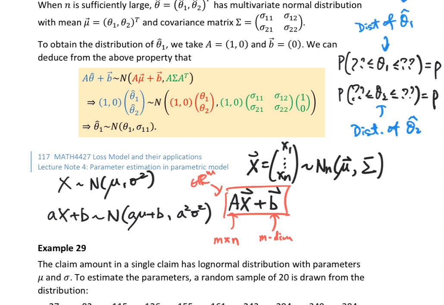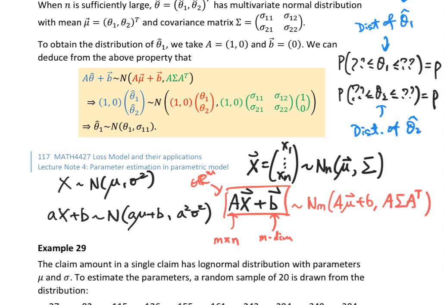So actually we can derive the similar result using the definition. It will follow the multivariate normal with the mean equal to A mu plus B, and the covariance matrix A sigma A transpose.